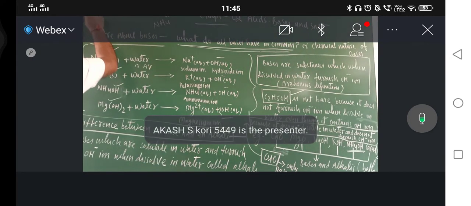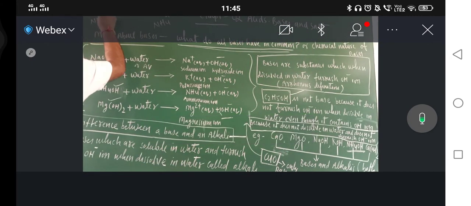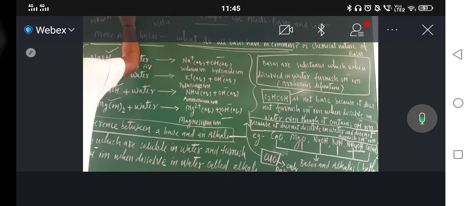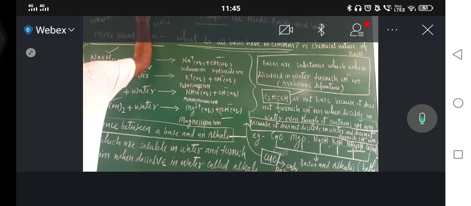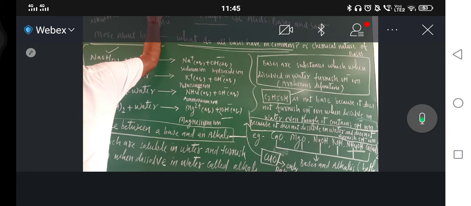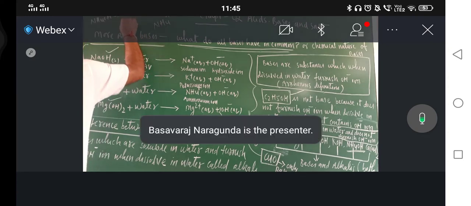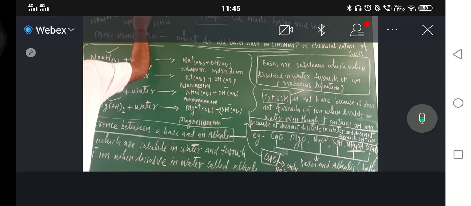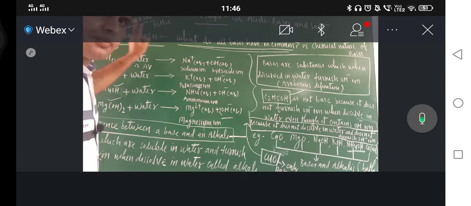Please note down here: NH4OH is a non-metallic hydroxide, but it is also basic in nature.